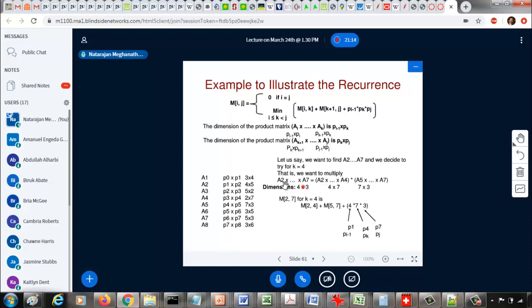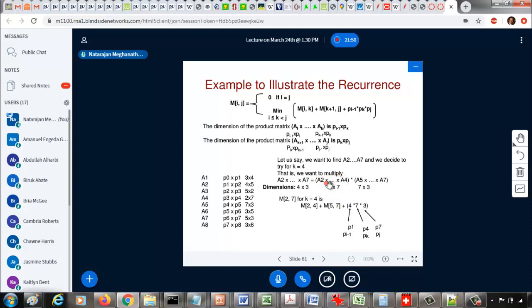So for example, if you are given from A2 to A7 and your k is 4, A2, A3, A4 is one subchain, A5, A6, A7 is the other subchain. So you indicate m of 2 comma 4 as the number of multiplications to multiply from A2 to A4, m of 5 comma 7 is the number of multiplications to multiply from A5, A6 up to A7, plus the number of multiplications to multiply these two product matrices.